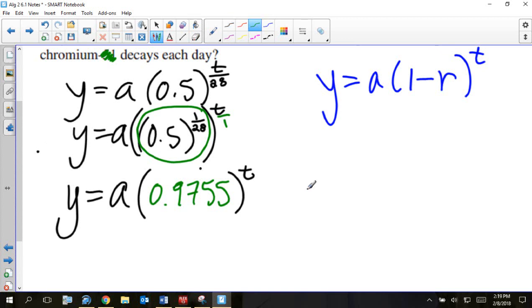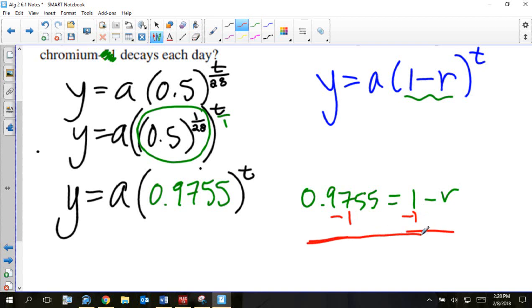So this in here is 1 minus r. We're going to do 0.9755 equals 1 minus r. How do I solve for r? This is a repeat question from earlier today. How do I solve for r? Subtract 1 from both sides.